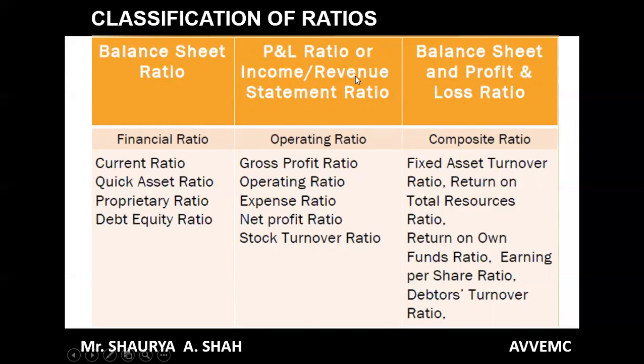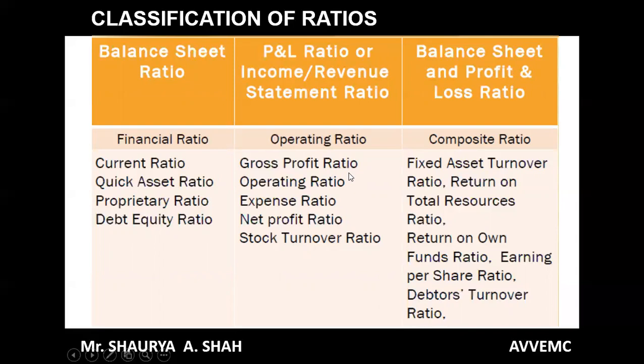Second is your P&L ratio, or we can say income and revenue statement ratio. In that, as you all know, you have very well studied the trading account and profit and loss account. From the trading account and profit and loss account, you calculate the following ratios. The first is gross profit ratio, the ratio of gross profit and sales.